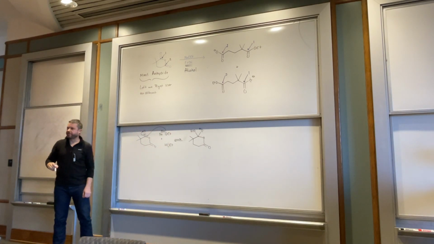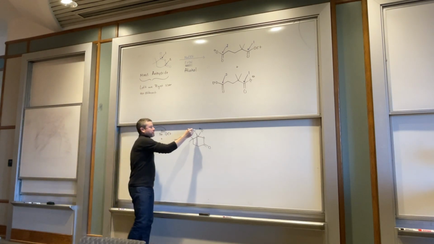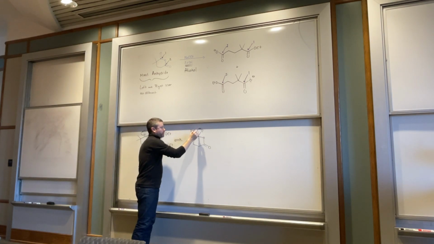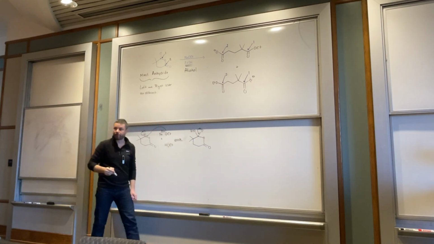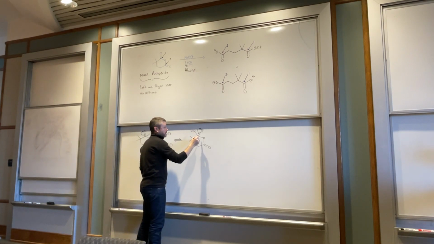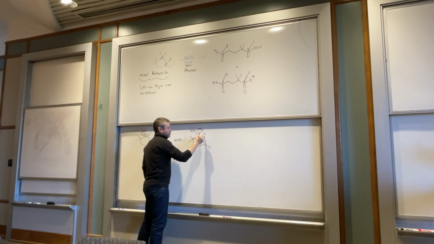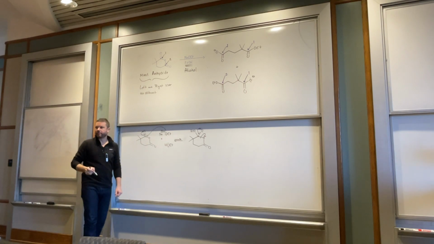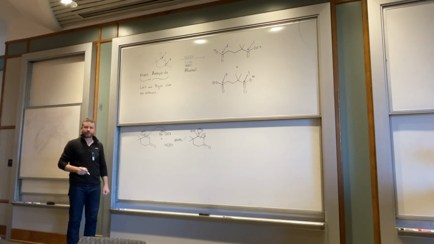Form the tetrahedral intermediate, and then this is going to undergo elimination. So electrons fall back down, reform the pi bond, right? And then we kick out the leaving group. In this case, the oxygen attached to the carbon.